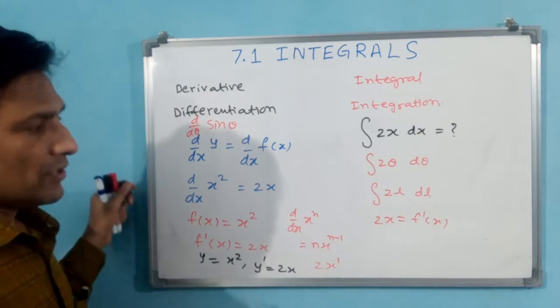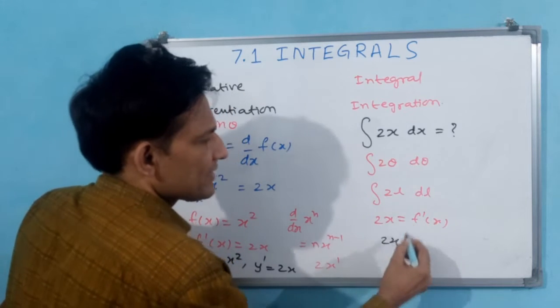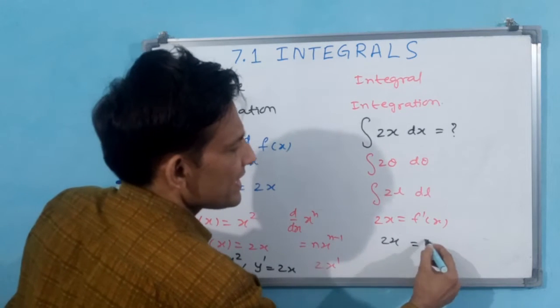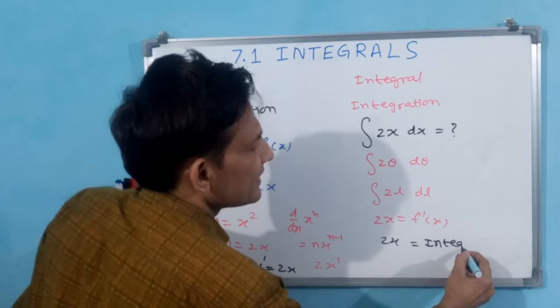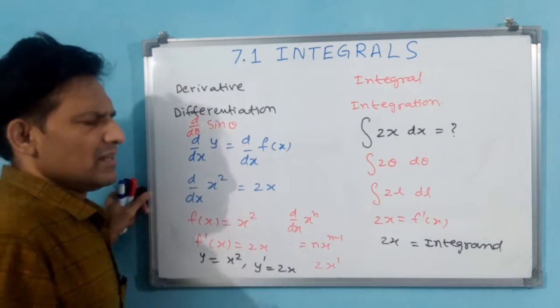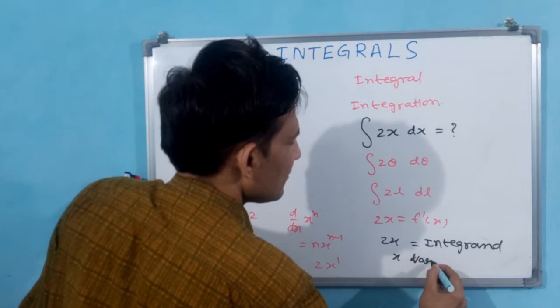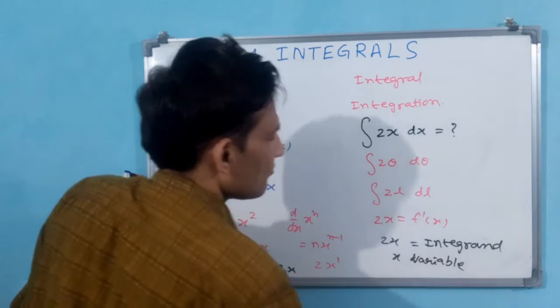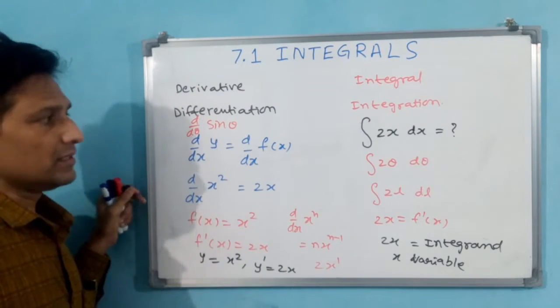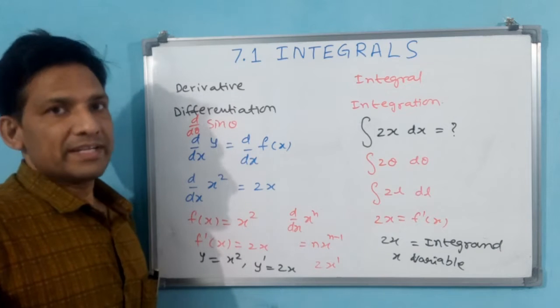Okay? See, 2x or f of x is called the integrand. X is the variable. 2x is called the integrand.